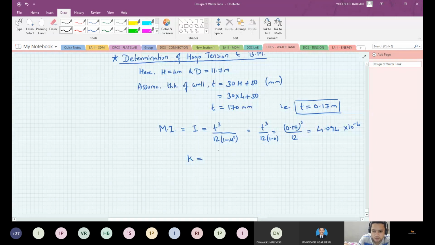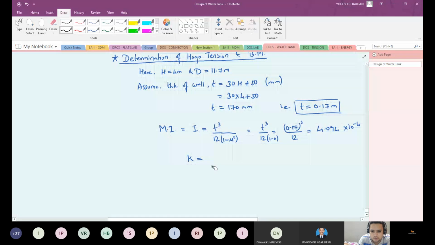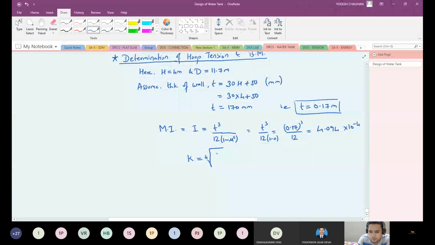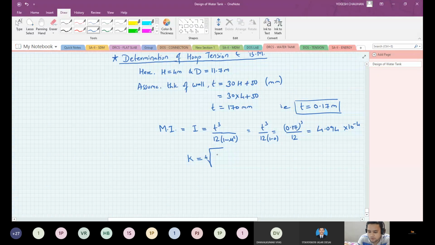So k is nothing but the fourth root of t by I d square.